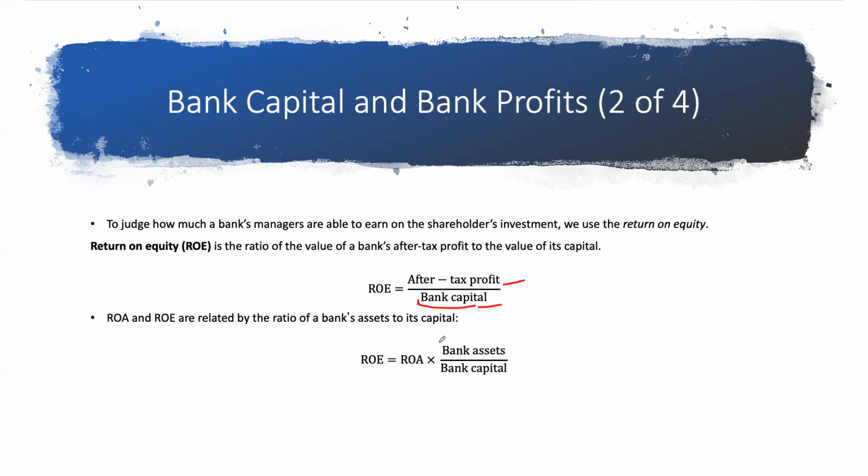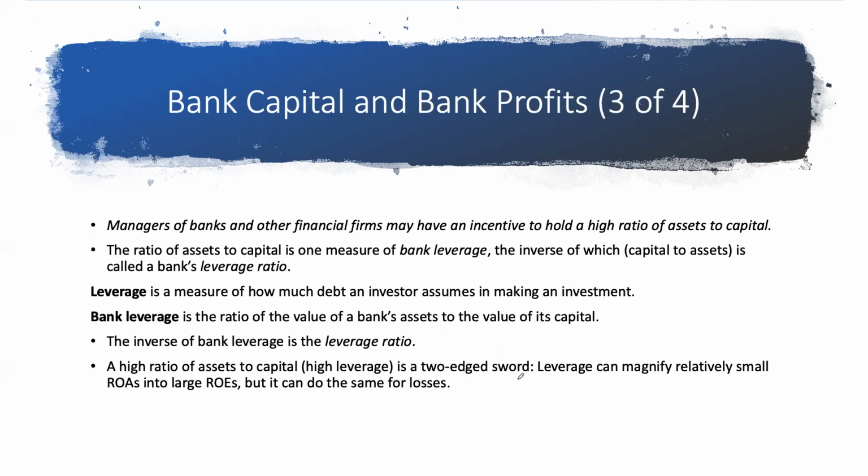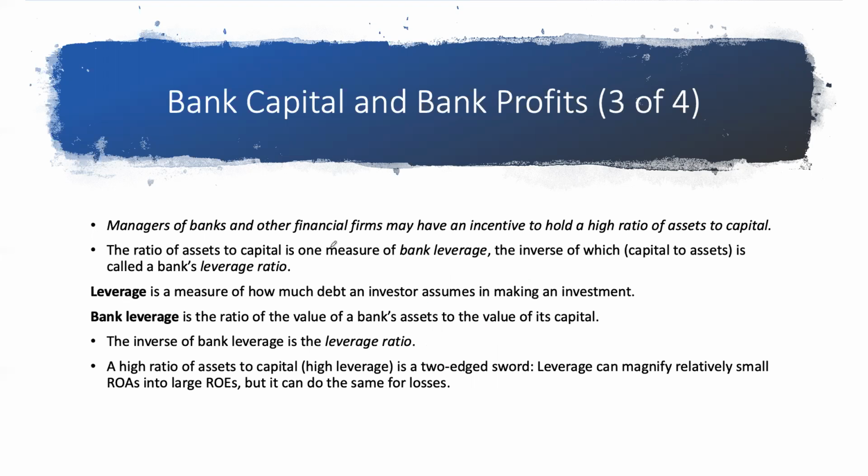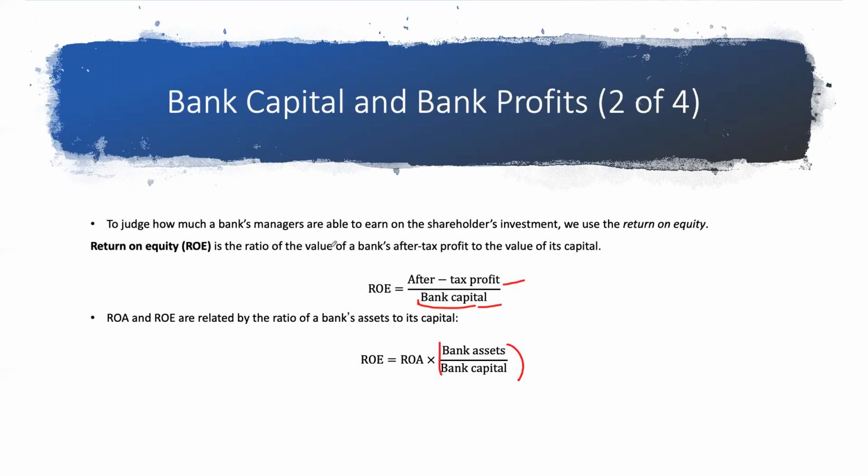This ratio of bank assets to bank capital is also what we call leverage. Okay, so managers of banks and other financial firms have an incentive to hold a high ratio of assets to capital, right? Why do they have an incentive to have a high ratio of assets to bank capital?